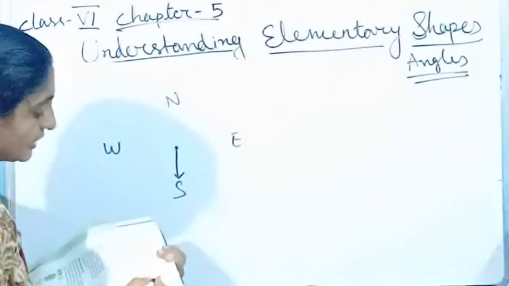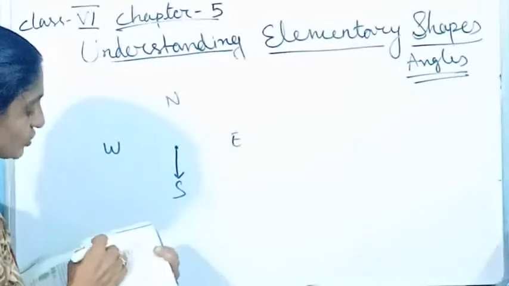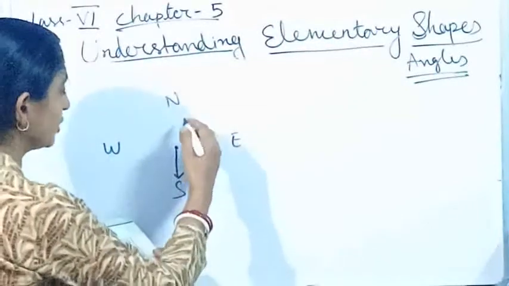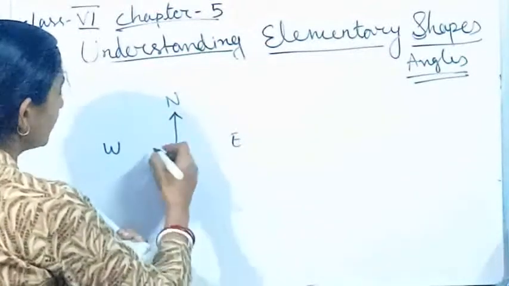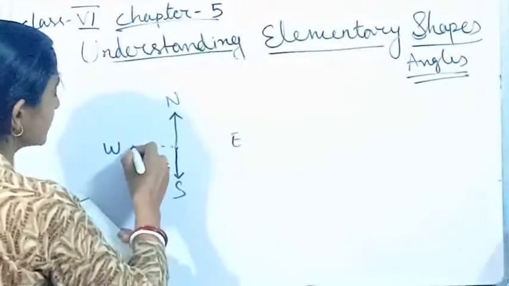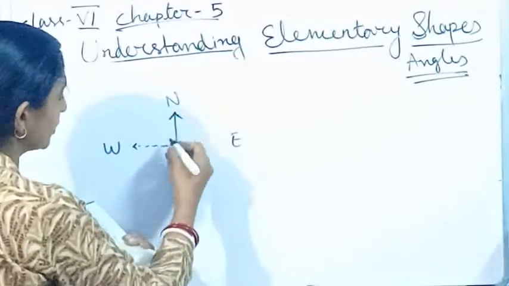Here the direction has not been given, it can be clockwise or anti-clockwise. You are coming towards the north. Yes, how many right angles you are covering, here you can see. For west you are getting 1 right angle, and from west to north you are getting another one.